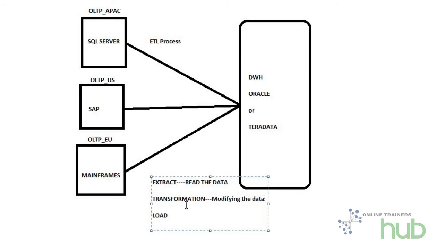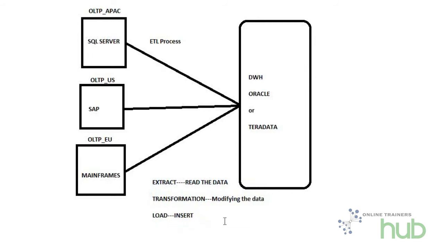All these things are done in the transformation. The next thing is the load. The load is nothing but inserting the data into tables, or populating the data into flat files. So ETL stands for extract, transform, and then load.